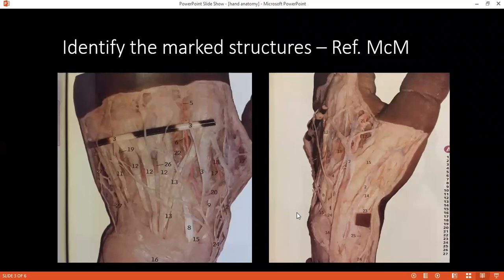The image? It is the dorsum of the left hand. Okay, good. Can you please, in the left picture, identify this tendon?